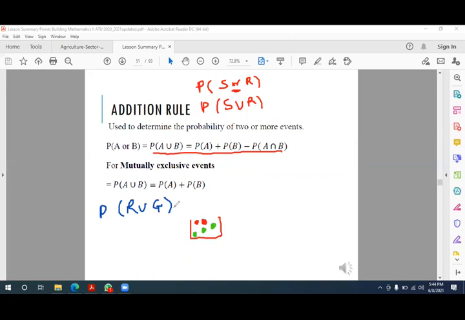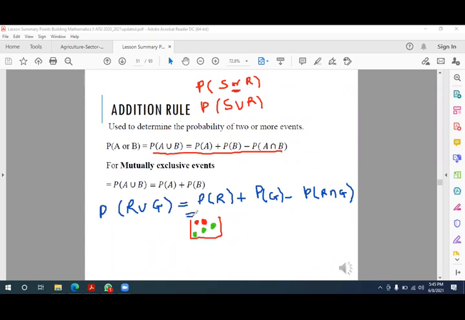When it happens like that, your formula will be what? P of R plus P of G minus P of what? R intersection G. Now, let's try to reason it out.